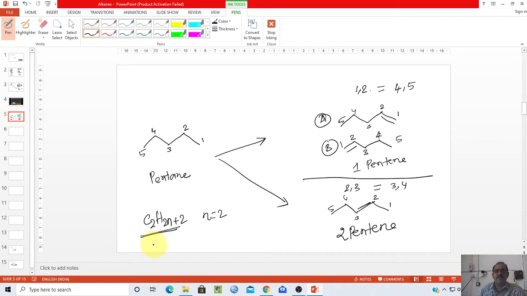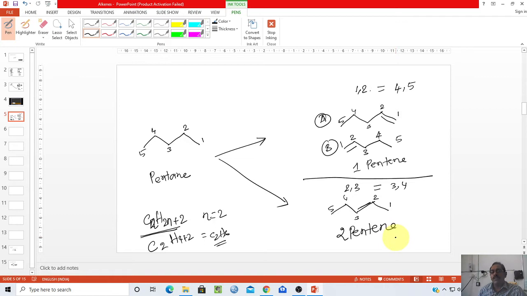Then we have C2H(4+2), which is C2H6. So this will be ethane.